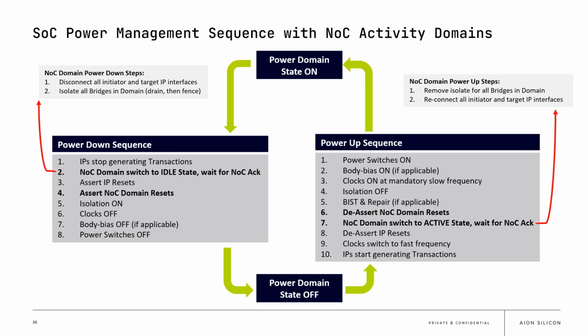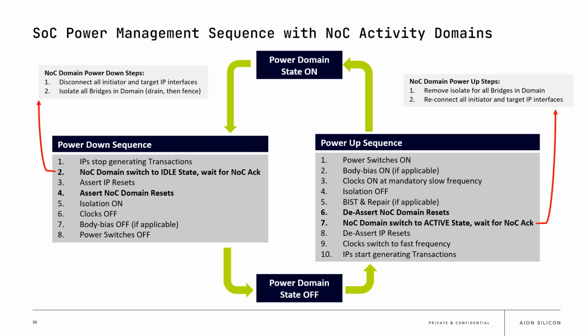First thing it does is it will disconnect the IP interface from the initiator bridge so that no transactions are received from the IP. Normally, the IP should have stopped generating any transactions, but in case it hasn't, it's safest to disconnect the IP first.